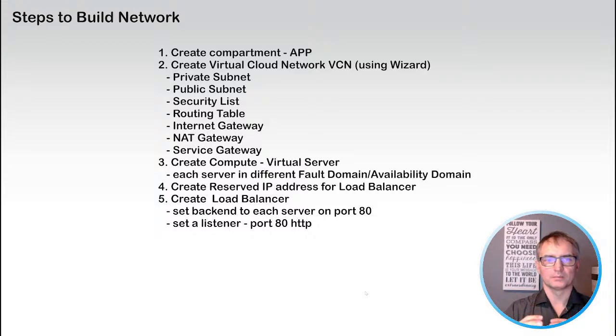Public subnet is using the internet gateway, which allows for the incoming and outgoing communication with the public internet. And in the public network, we will set the load balancer and we'll set our servers that we will have a communication with the public, so that we can communicate with those servers.